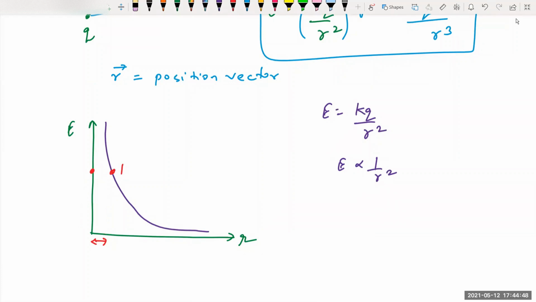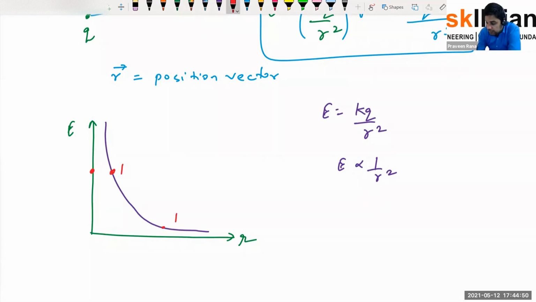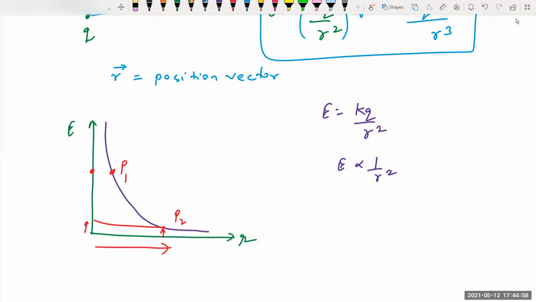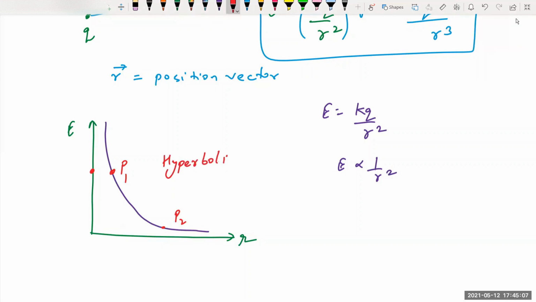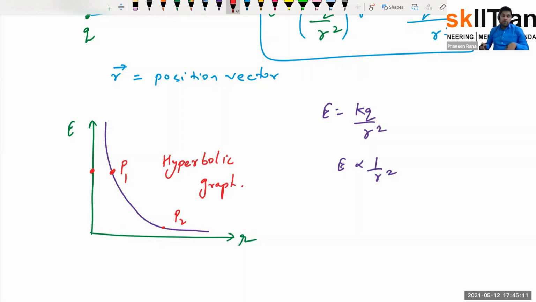Now, when I move away this point, let's just say I take this point P2 here. So now you can see the distance is bigger, but the electric field is smaller. So this graph is called a hyperbolic graph, or you can say hyperbola, right?